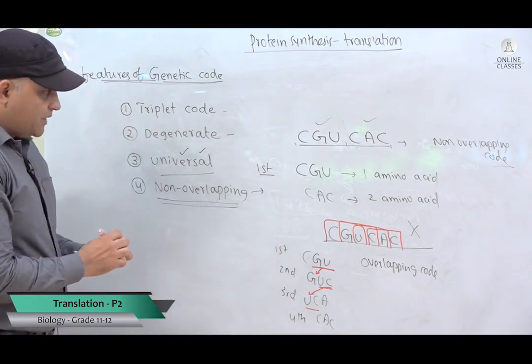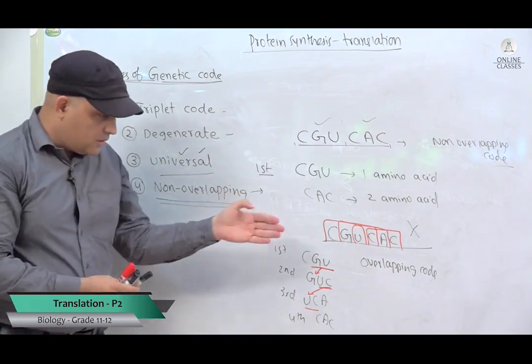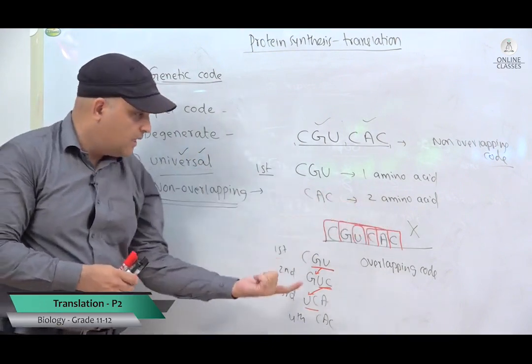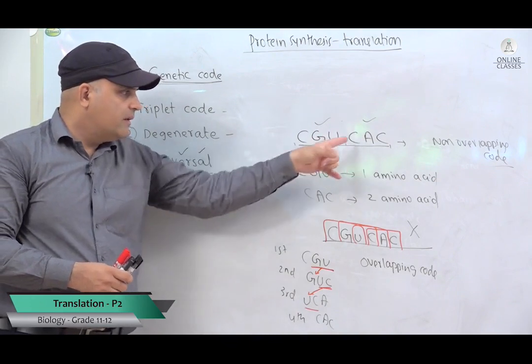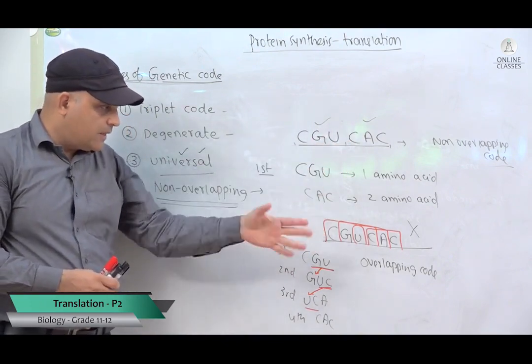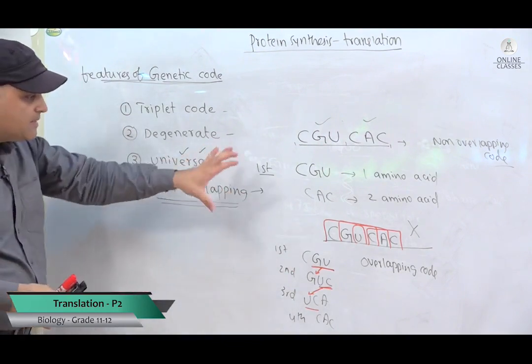Now you might say, which one is more advantageous, which one is good? If you look at overlapping code, short sequences of DNA or RNA can code for many amino acids. You see, short sequence, 4 amino acids coded. Here it's lengthier, but still it coded for only 2 amino acids. So this will be the advantage, short sequences can code for many amino acids, but there is a serious drawback with this.